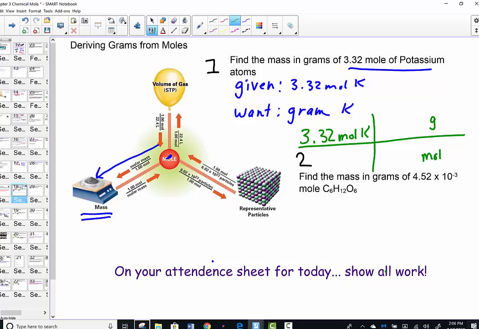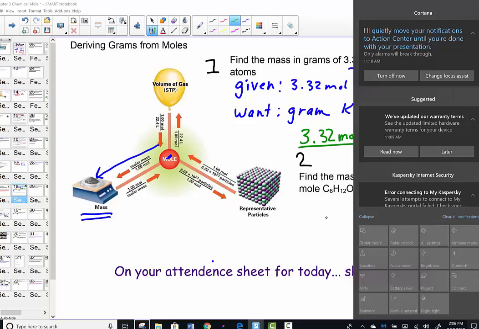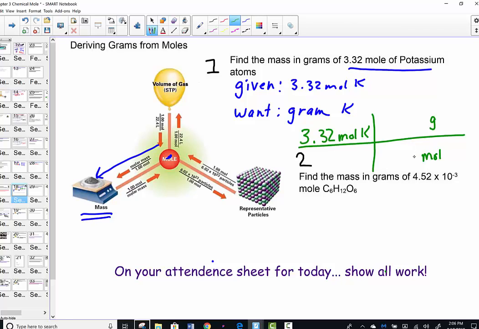So how many grams does a whole mole of potassium weigh? I want to say 39.1, carrying that 1 decimal. My mole unit's canceled, and I'm left with the unit called grams. I'm going to just simply multiply moles times molar mass to come out to a gram.